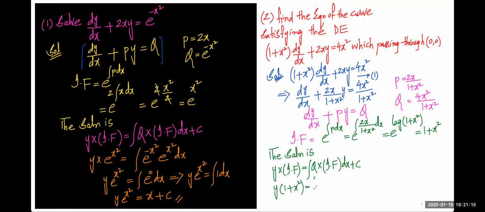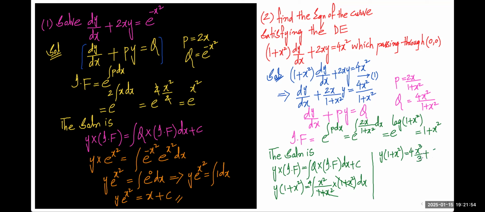This is integral of Q value is 4 take outside, x square by 1 plus x square into integrating factor is 1 plus x square into dx. This 1 plus x square we can cancel. The next step is y into 1 plus x square is equals to 4 as it is. x square integration is x cube by 3 plus some constant.